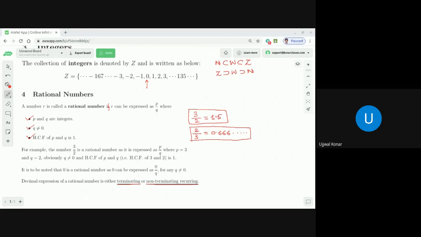Now let us take another example. If we take a decimal expansion of the number 19 by 14, let's see its decimal expansion.